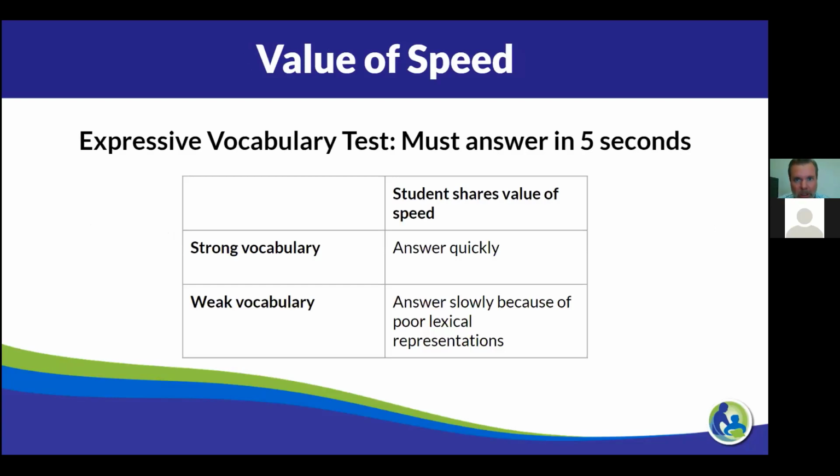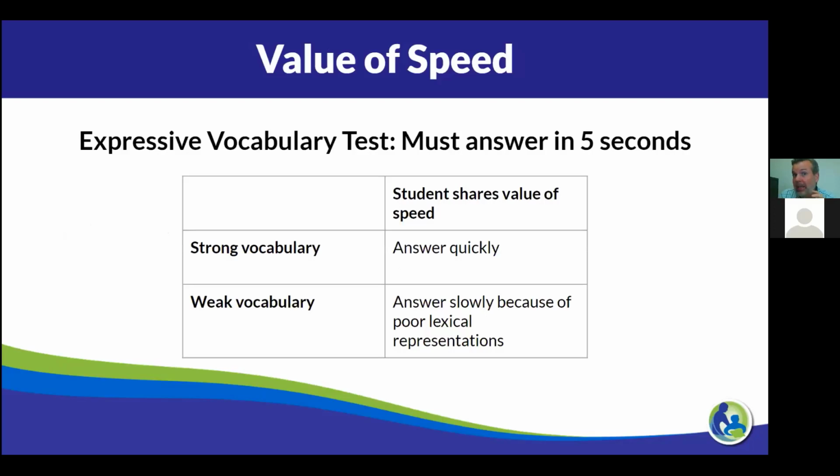So one of the values I showed before was the value of speed. Time is money. We value speed in America, and it's kind of a Western value. So we can think about how this might look on one of our norm reference tests. If you have an expressive vocabulary test, one of the rules is you must answer in 5 seconds.